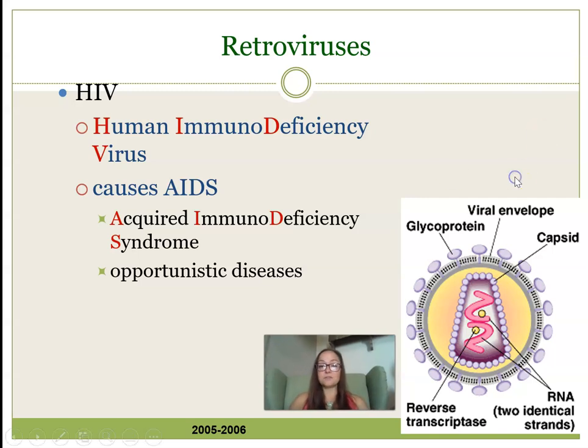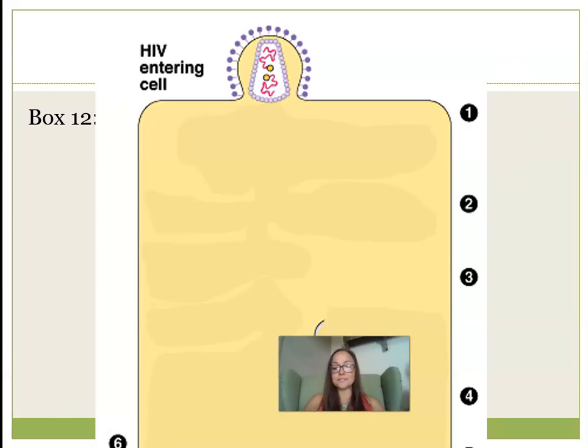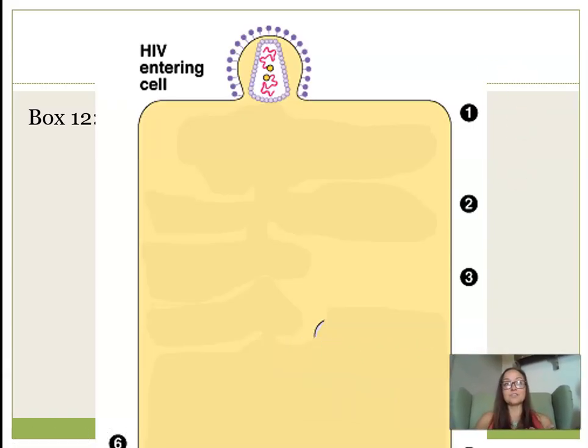Okay, so let's go ahead and see how this works. So here you have an HIV virus entering a cell. Now, if you've studied the immune system, HIV actually enters helper T cells. And there's a particular protein receptor on the helper T cell, and that is the receptor that HIV enters through.